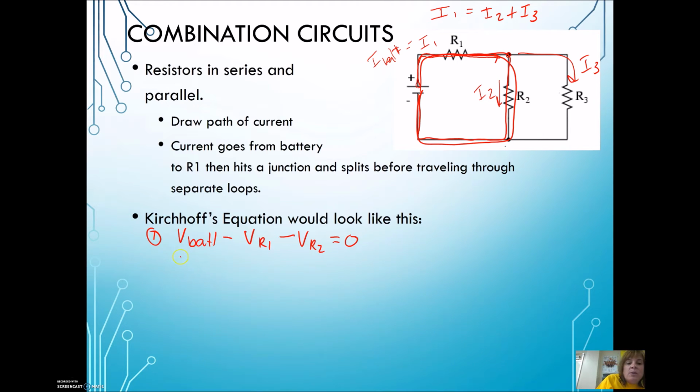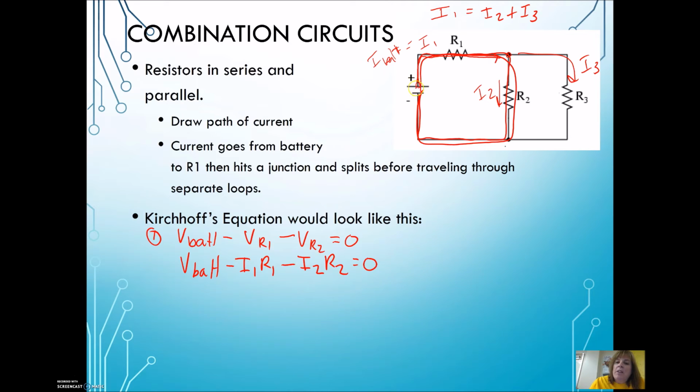So when I write this, it'll look like V bat minus I1 R1 minus I2 R2, and that equals 0, and I1 and I2 are different, right? Because I1 is what feeds the junction, and I2 is part of the current coming out of the junction, not all of it.